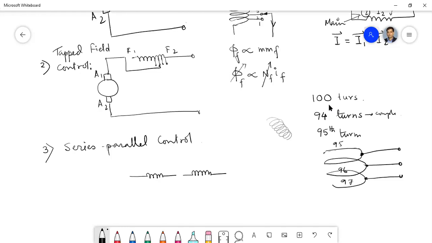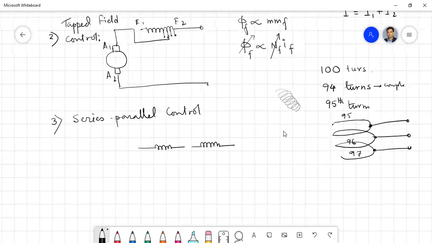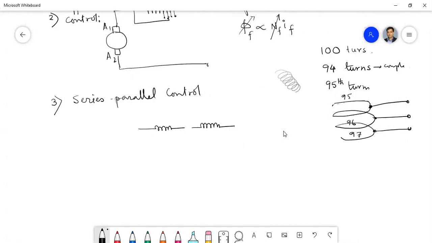When you bring the taps outside, it depends on where you make the connection. If you use F2, then you are using the whole coil.